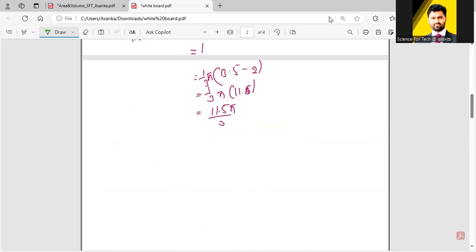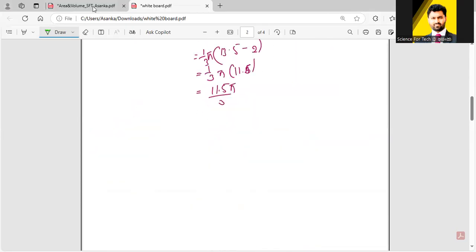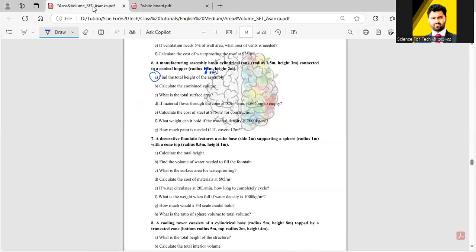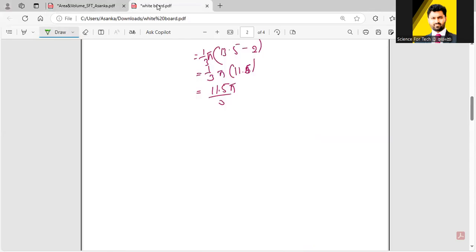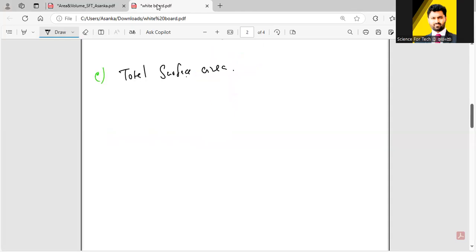The total calculation. Then let's see the next part: what is the total surface area? We can find the surface area of the cylinder directly by substituting into the equation.